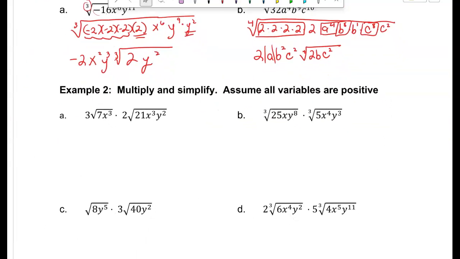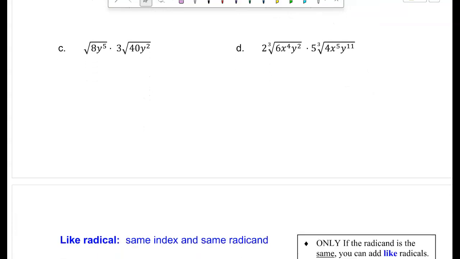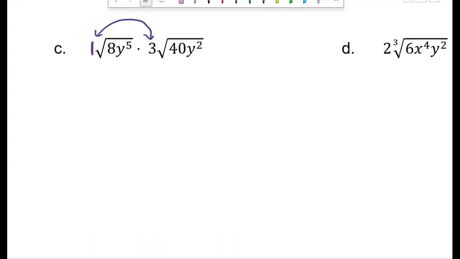Okay, so here's what we're going to do. We're going to go straight to hard. We're going to do C and D as our 2 examples. All right, when we multiply together, guys, we got to be focused. When we multiply together, understood there's a 1 out front. What 2 multiply together? 1 and 3, so that's going to be what? 3.